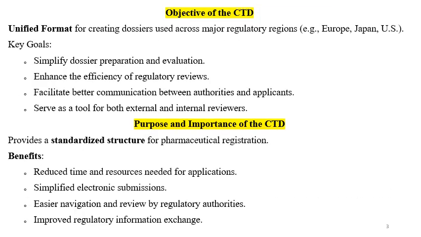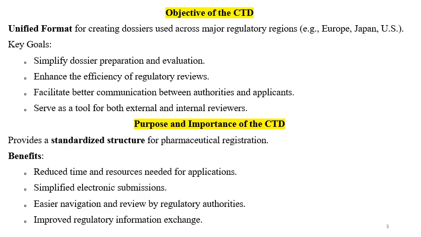The objectives of CTD are like it will provide a unified format for creating dossiers used across major regulatory regions, that is ICH regions, Europe, Japan, US, and it will have a streamlined formulation development and other technical information in a single document.